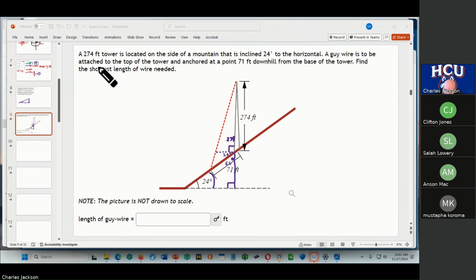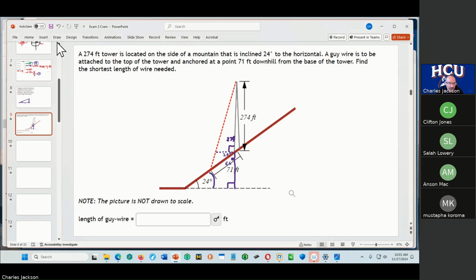Now, that means the entire angle in our triangle of interest is 90 plus 24, which is 114 degrees. And it looks like that. It looks obtuse. So let's mark that as a 114 degree angle.